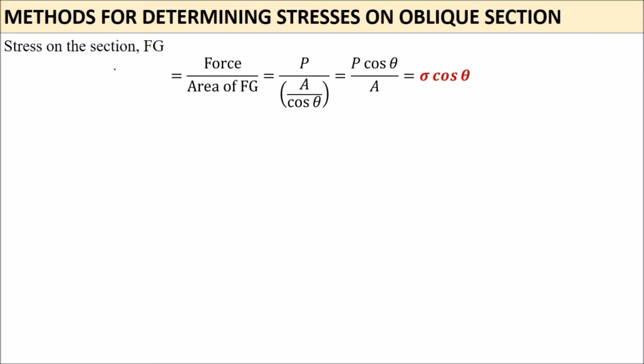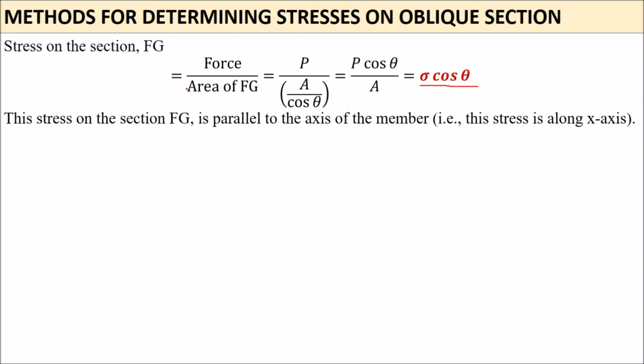So the stress on FG will be P cos theta by A, and we can write it as sigma cos theta. Correct. This stress on section FG is parallel to the axis of the member.